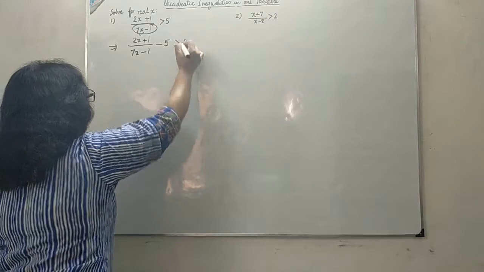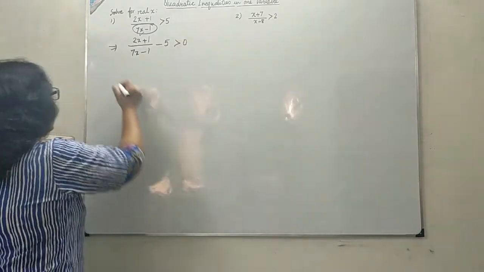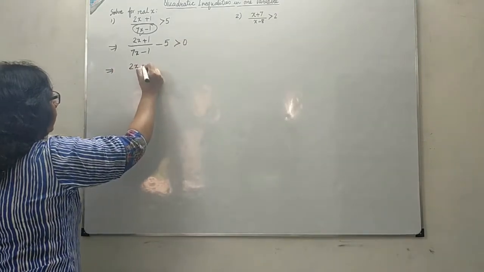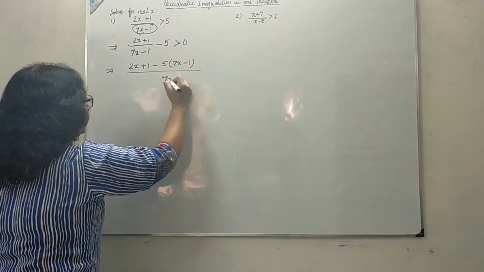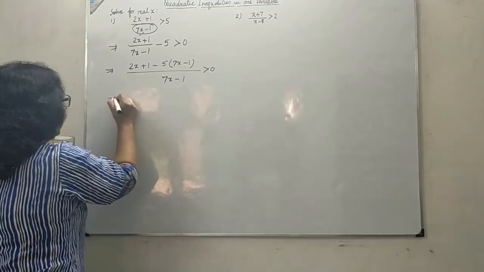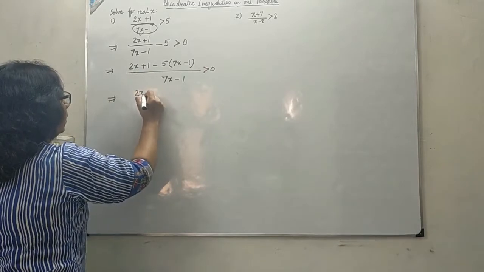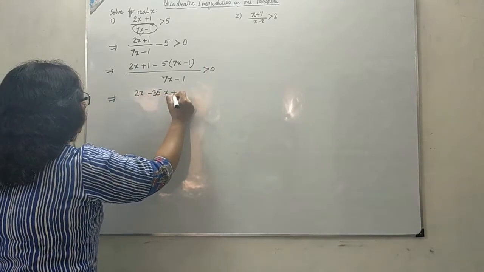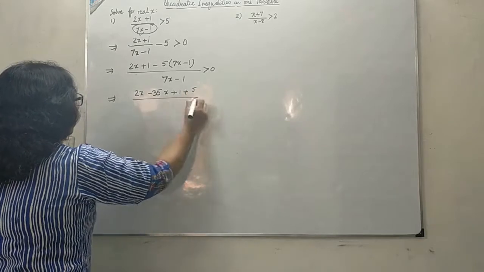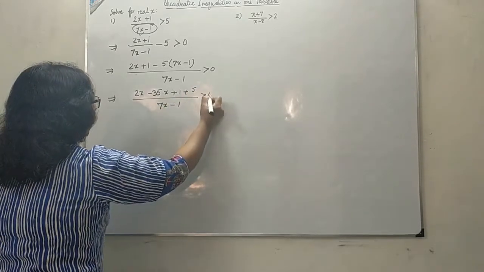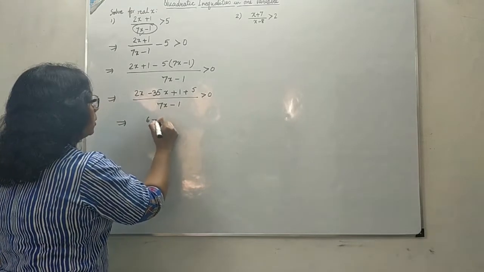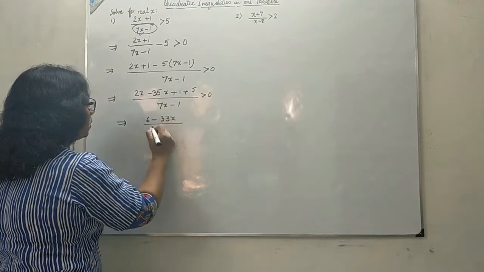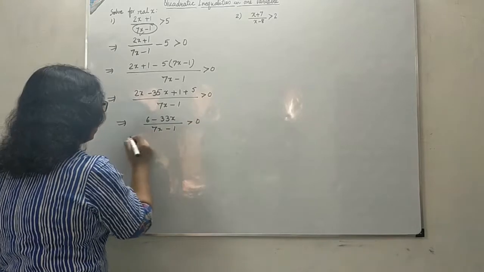Minus 5 greater than 0. This will be your first step, and after that I will take the LCM like this, and simplifying we have 2x minus 35x plus 1 plus 5 divided by 7x minus 1 greater than 0, and this is 6 minus 33x upon 7x minus 1 greater than 0.